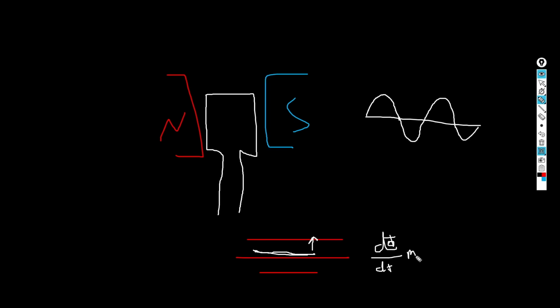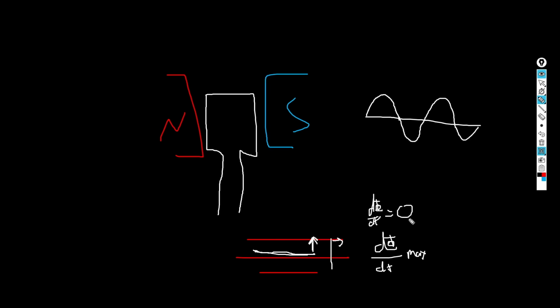It's at a maximum, right? Delta phi over delta t is at its maximum. And if it's vertical, then it's not cutting the field, so delta phi over delta t is equal to 0.